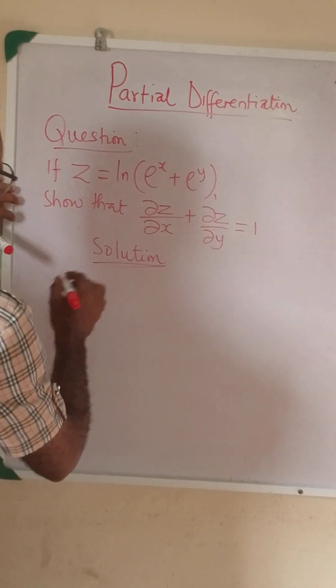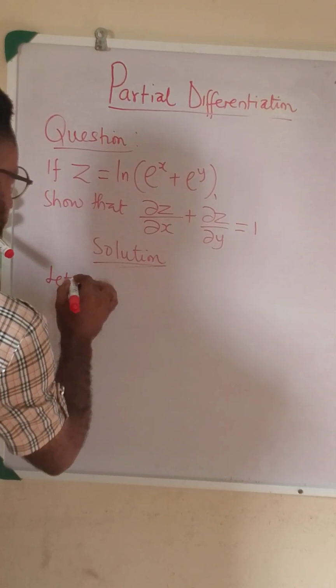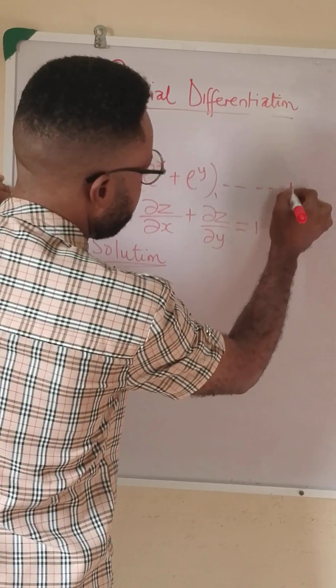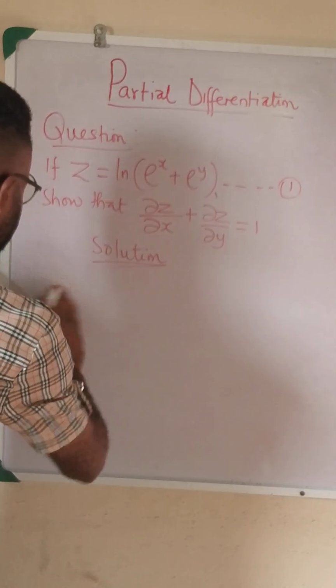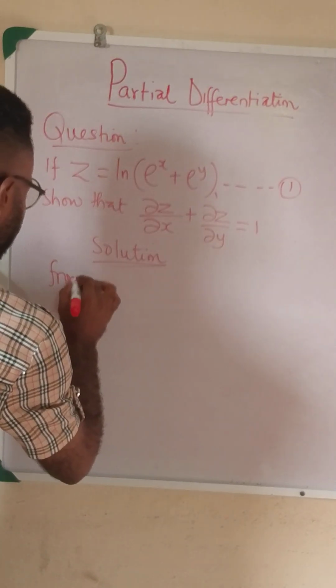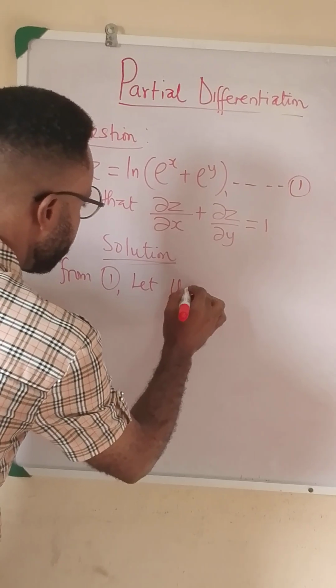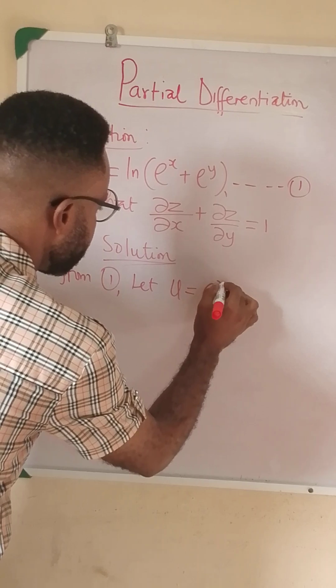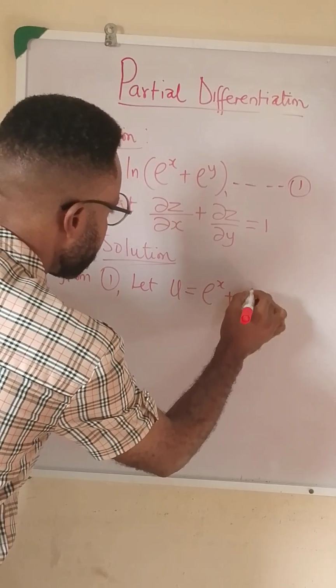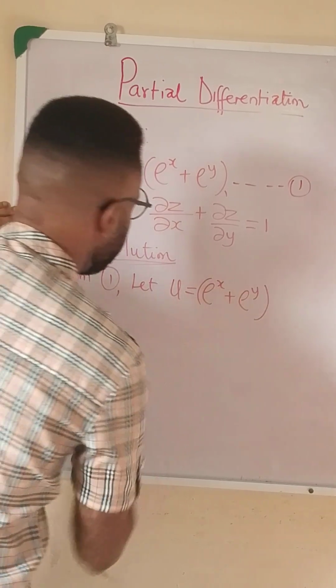In doing this, we can call this equation 1. So from equation 1, let u equal e^x + e^y. Please permit me to put it in brackets.